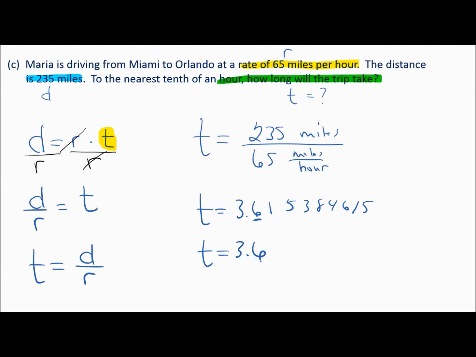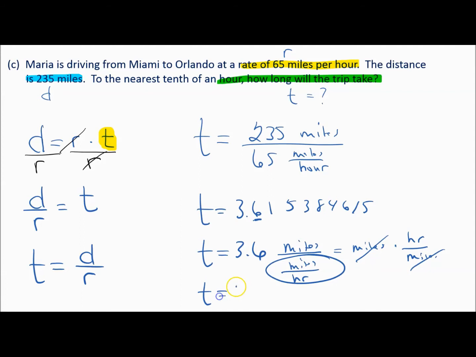Now let's talk about the units, because that looks a little odd. We've got miles in the numerator, and that's divided by miles per hour. Now you remember how to divide by a fraction. Remember, you flip it. So it's miles times hours per mile, because I flip this fraction upside down and multiply, and the miles cancel to give you hours.